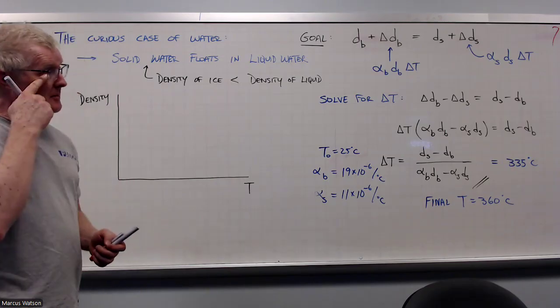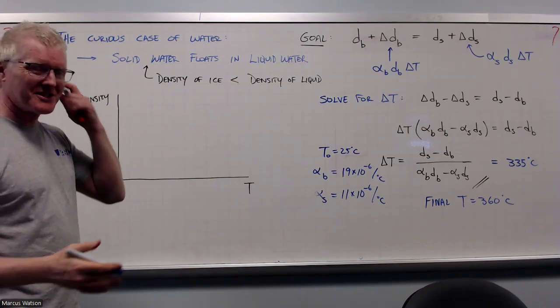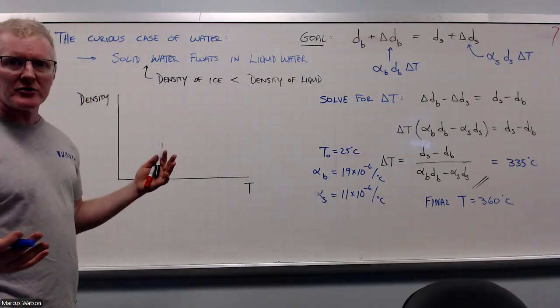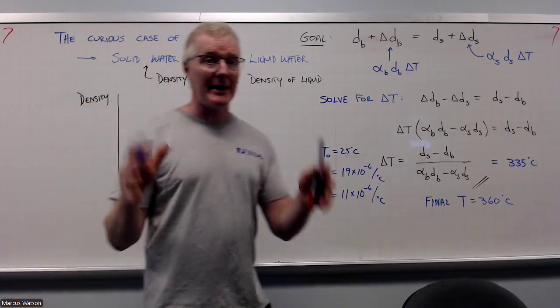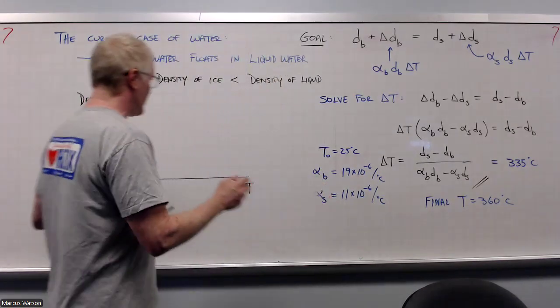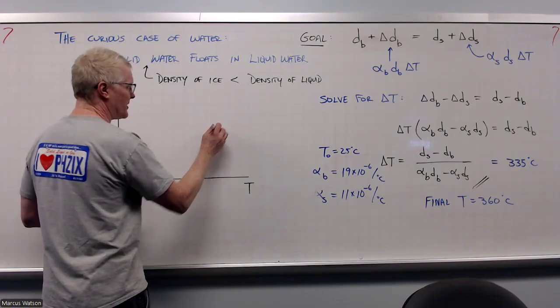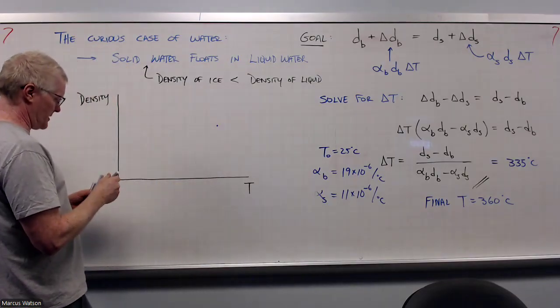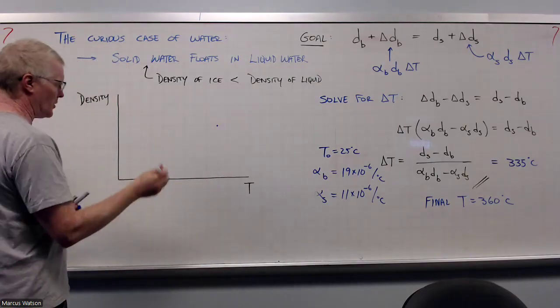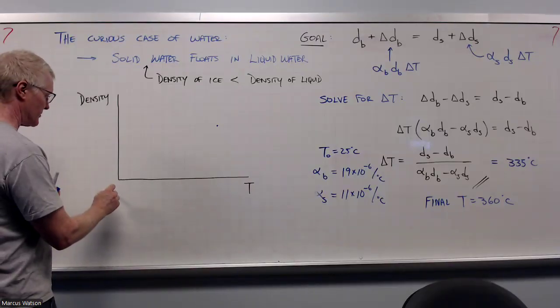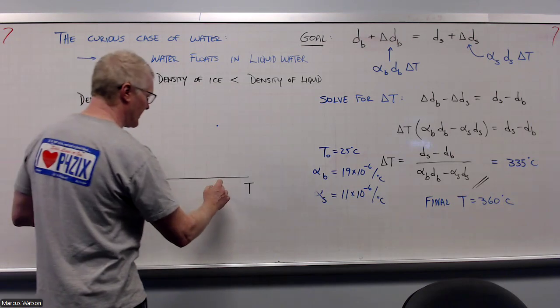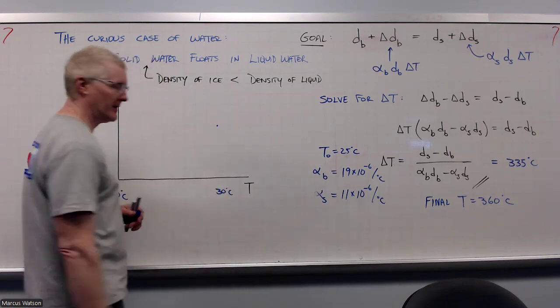So I start with some amount of water at some temperature, say 25 or 30 centigrade, okay? And I'm cooling the liquid down, okay? So we'll start here. 0 centigrade would be right here on the axis. We'll start at something like 30 centigrade, okay?